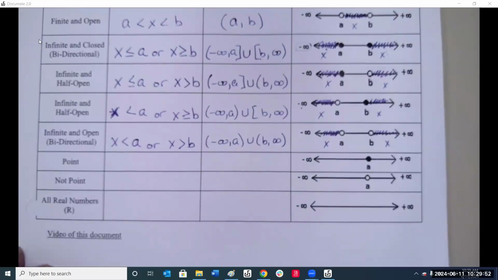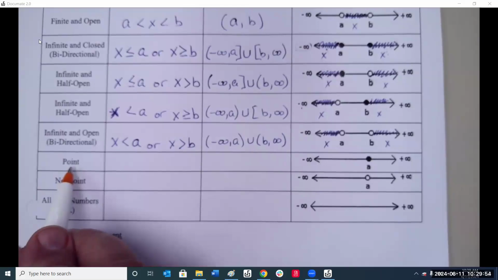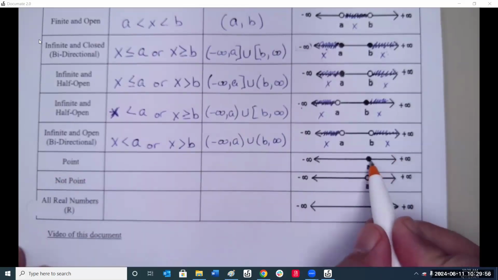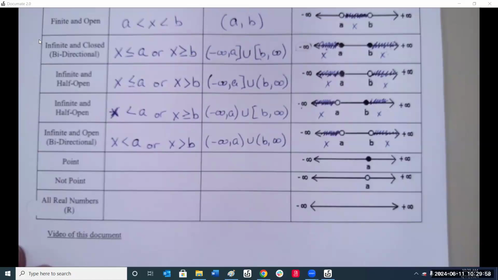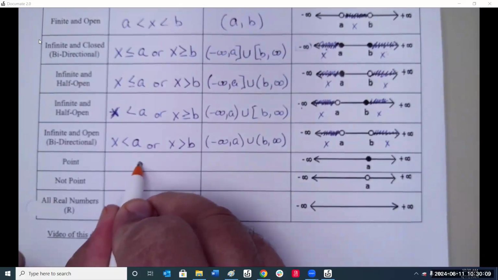Three more. How do we represent a point? It's just that number there. How do we represent it? It's a trick question, really.